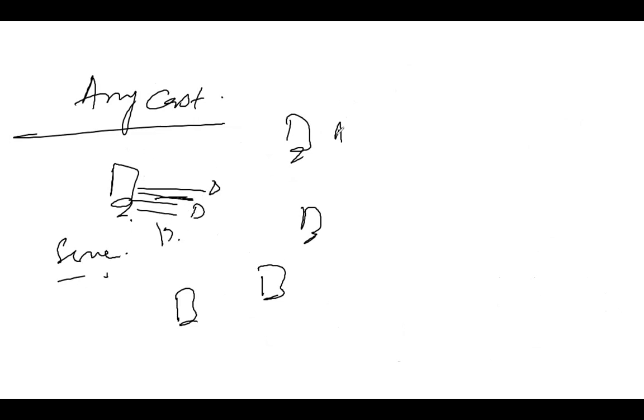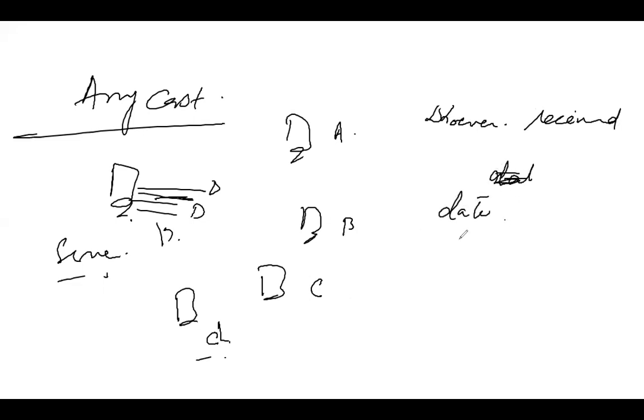Either it is received by B, or by C, or A, or by node D. Whoever receives this data, it means the task is satisfied, or the goal is achieved.